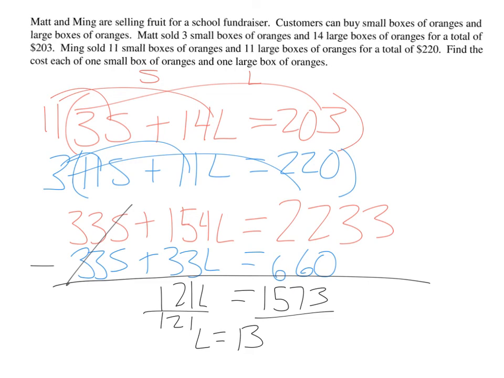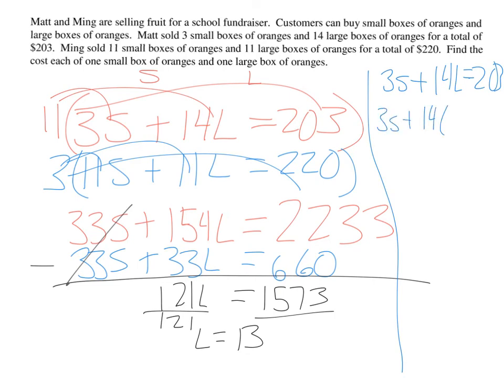To figure out what the small boxes are, I'm going to take 13 and plug it into one of my original equations. I'm going to use my first equation, 3S plus 14L equals 203. I'm plugging in 13 for L, so 3S plus 14 times 13 equals 203.